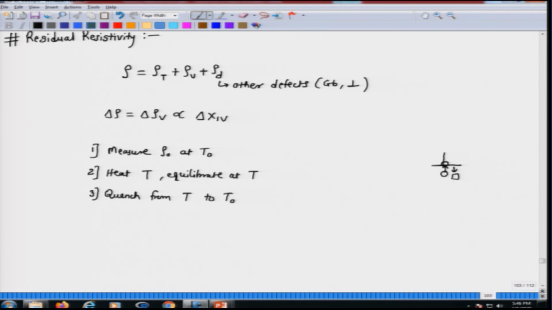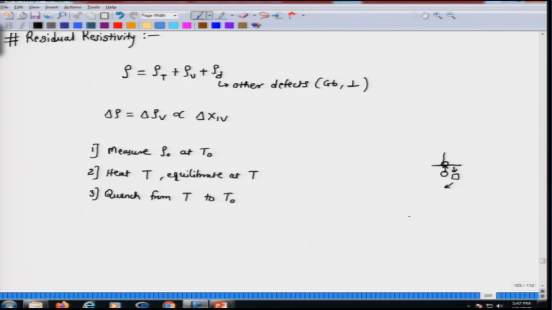Now, when the equilibration starts at higher temperature, the vacancy concentration near the defects would be very large, but the equilibrium wants the vacancy concentration to be uniformly distributed throughout the bulk of the crystal. So, the vacancies have to diffuse from there to the other parts of the lattice, and so the equilibration will take some time.